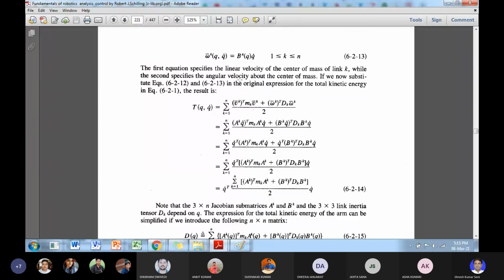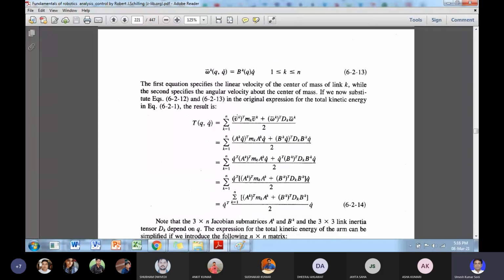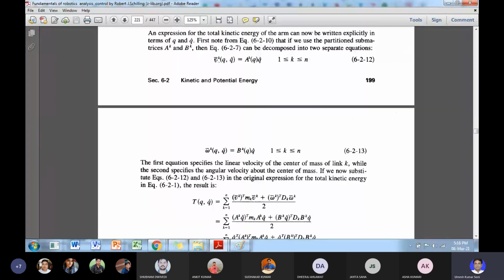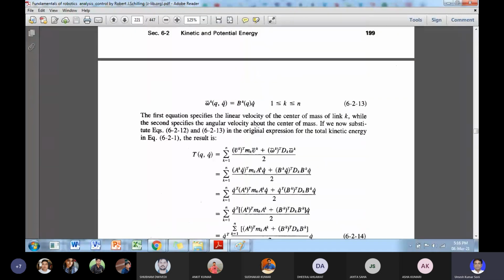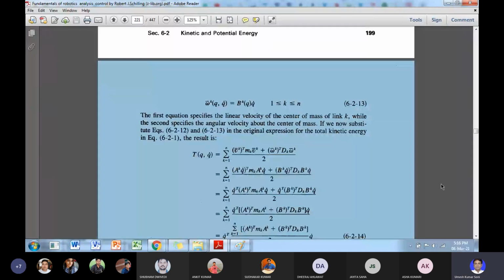Here this velocity vector transpose can be termed as AKQ dot, which from this equation we have replaced: AK q dot transpose MK AK q dot. Similarly for angular velocity, we have replaced the angular velocity as BKQ dot.